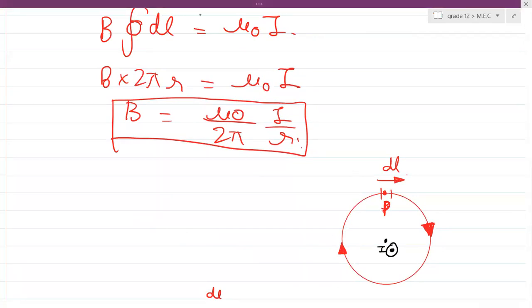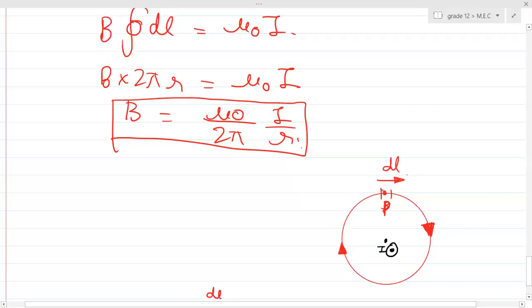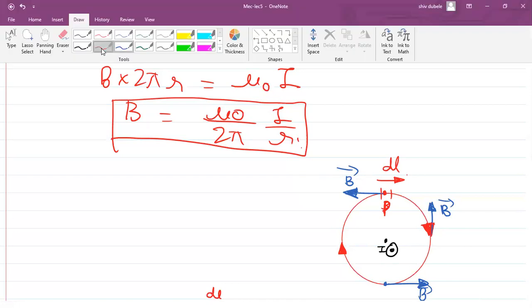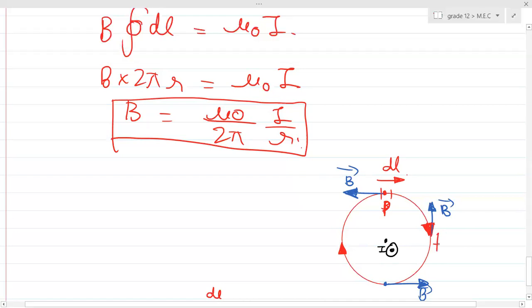So what is the direction of magnetic field due to the current? It should remain the same. Until you change the direction of current, the direction of magnetic field will not change.